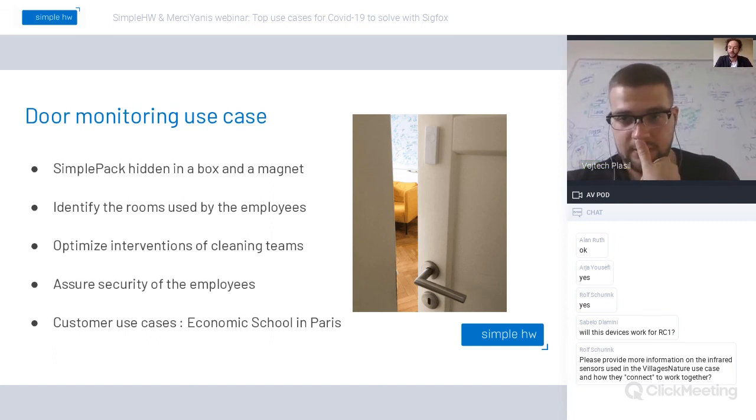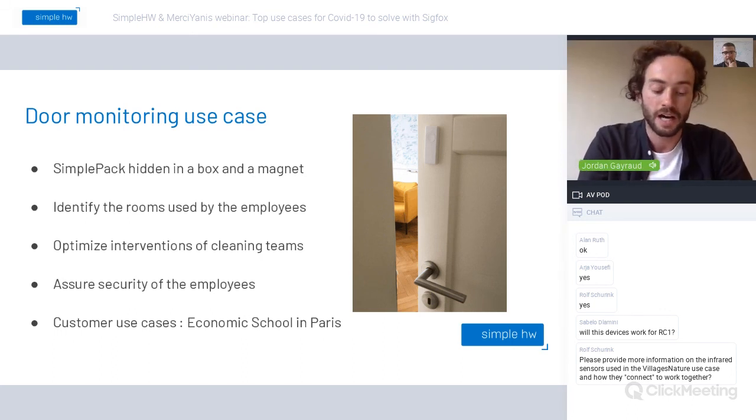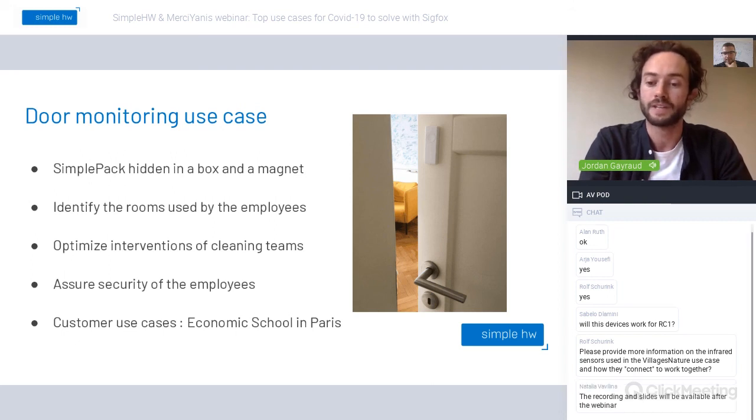Okay. Rolf is asking for more information on the infrared sensors used in the village nature use case and how they work together. The infrared sensors are made by another IoT provider named PIP IoT. They are from New Zealand. And how did we manage to connect the SimplePack and the infrared sensors? We made it through our backend, so it's on MerciYanis's part.